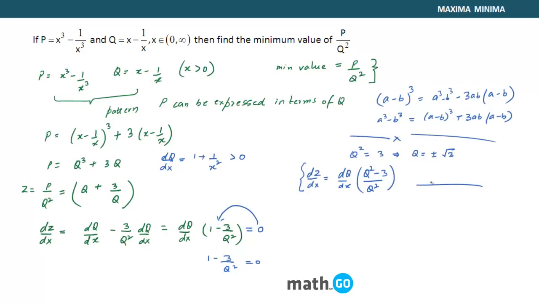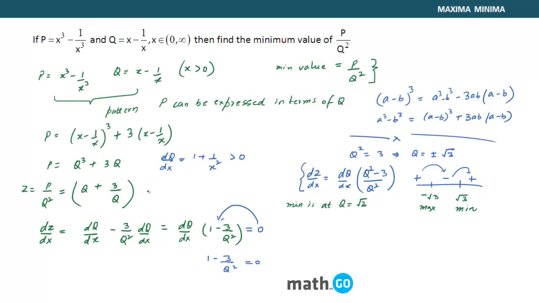If I draw this on the wavy curve, it will be minus root 3, this will be plus, minus and plus. Yes, you can easily see that the minimum is at q equal to root 3.